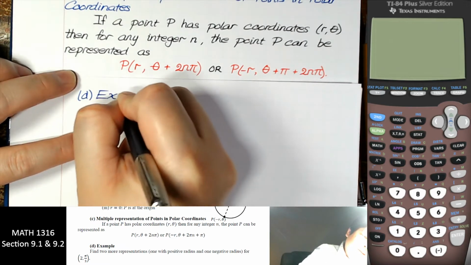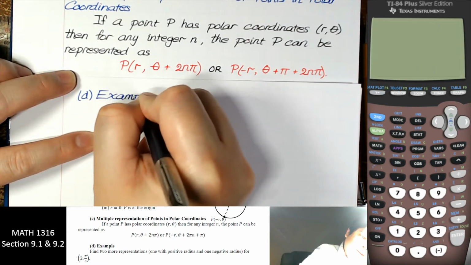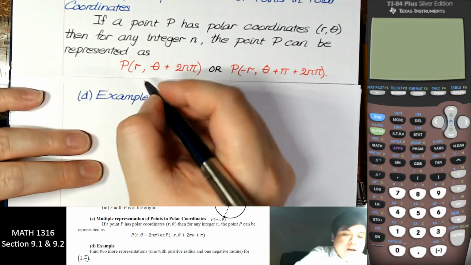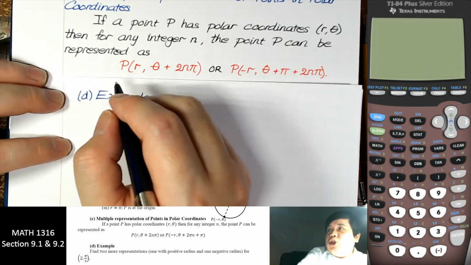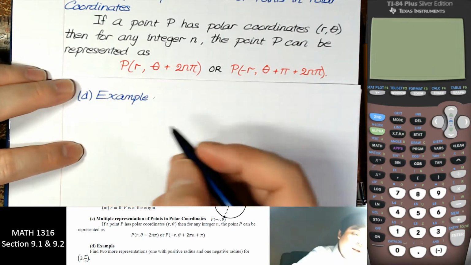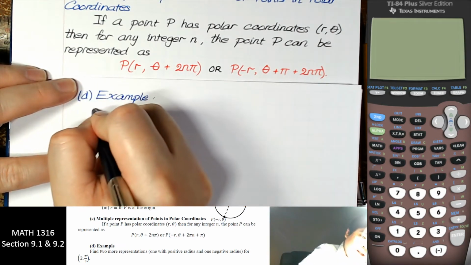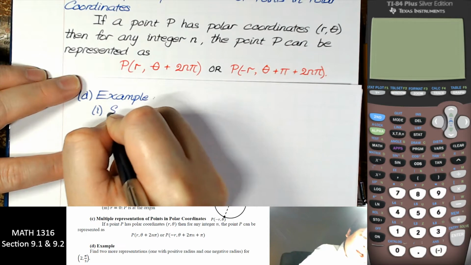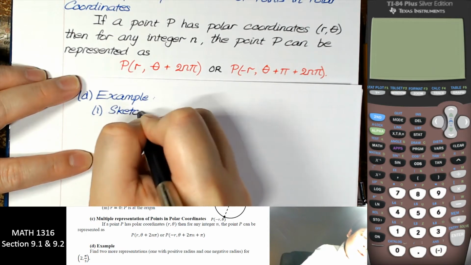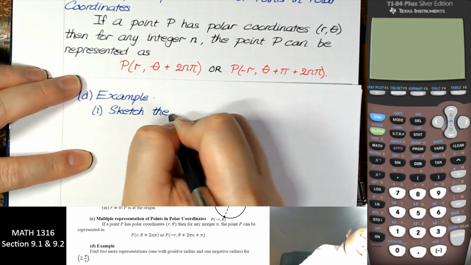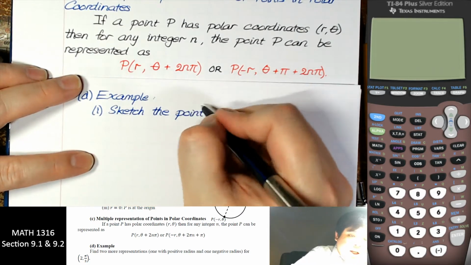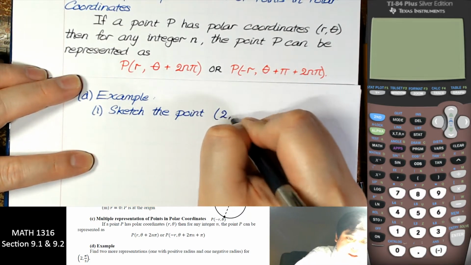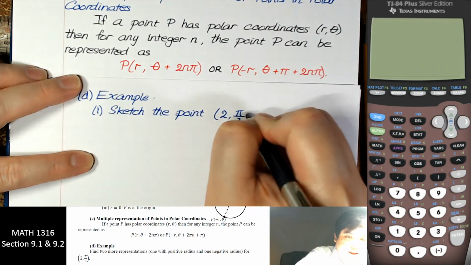Sample. I will modify the problem a little bit. I'll find two more representations. First of all, let's sketch the point (2, pi over 3).